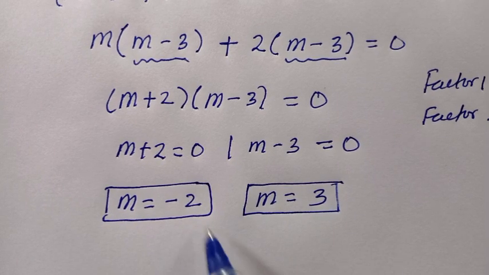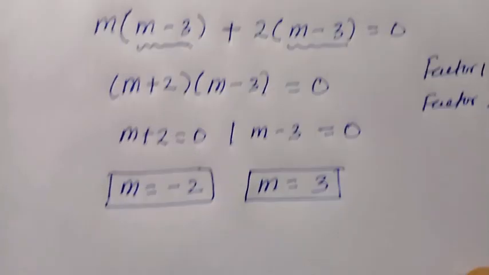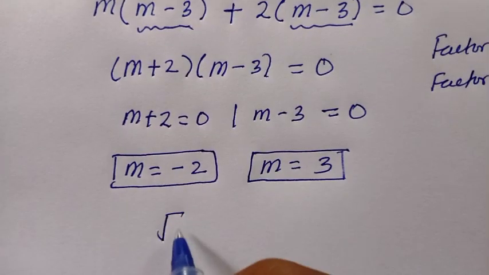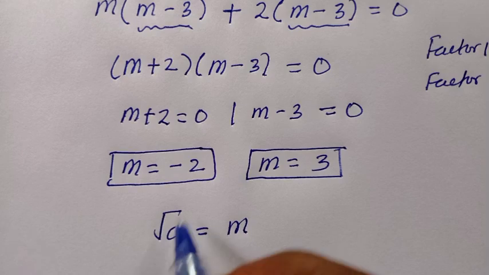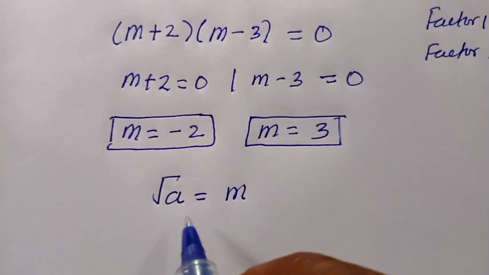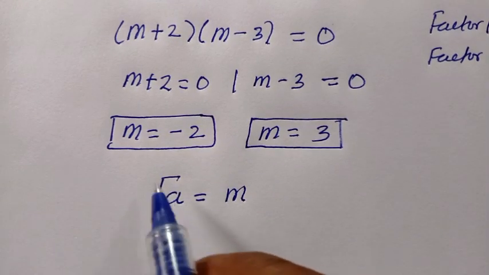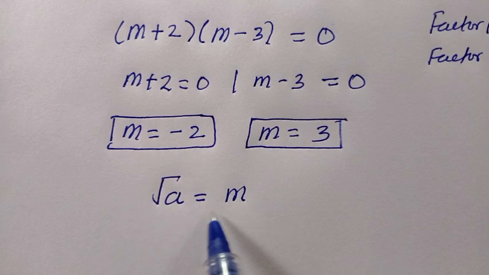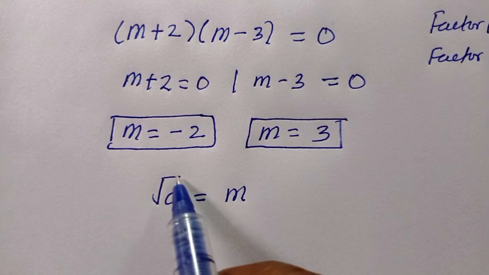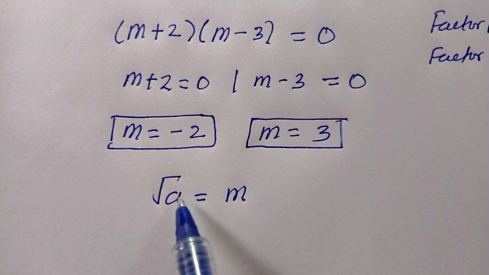So these two values do not both satisfy, because when we recall from where we let square root of a equals m, the square root of a can never be negative, okay? And when we try to assign m equals minus 2 here, it's not going to work, because for every root we have here, it must be positive.